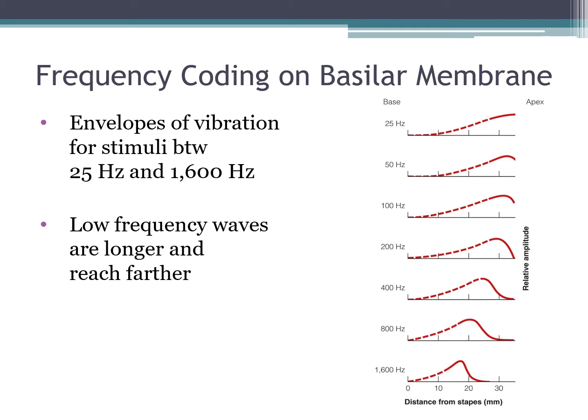It's not reaching as far. And again, remember, we can hear up to 20,000 hertz. So when we get up to those frequencies, there's really not much displacement along the basilar membrane at all, just right there at the base.